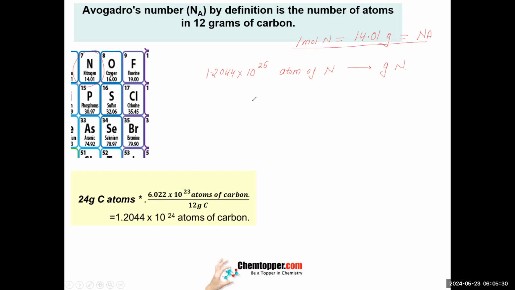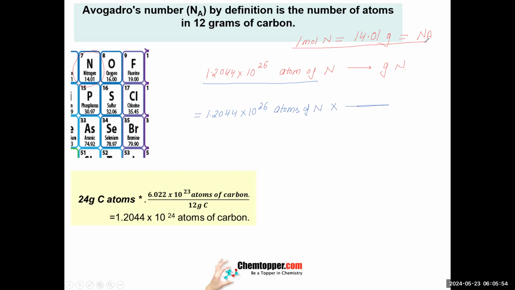He has placed the answer. Start with, again, I'm using some language which I want you to practice, start with what is given to you. So I'm starting with 1.2044 times 10 to the 26. I'm going to set up a dimensional analysis. Atoms of nitrogen. Plug in the first ratio.